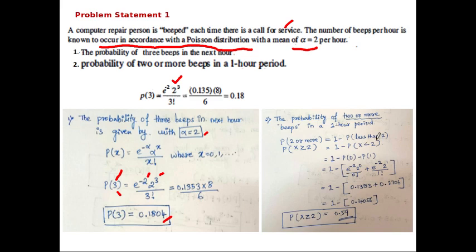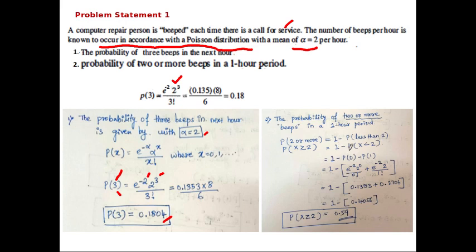The probability of 2 or more beeps in the next 1 hour period is given as the probability of x greater than or equal to 2. This can be computed as 1 minus the probability of fewer than 2 beeps in the next hour.